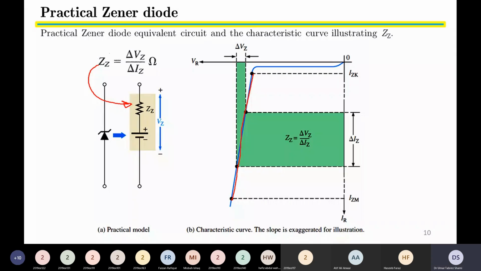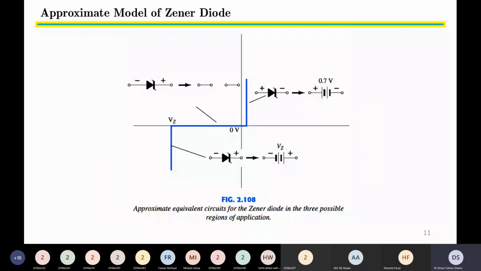The dynamic resistance, as seen in this practical Zener diode slide, is the ratio of change of voltage across the diode divided by the change in Zener current. This diagram represents the practical Zener diode model. However, if we assume that there is no slope, then it takes us to the approximate model of the Zener diode.